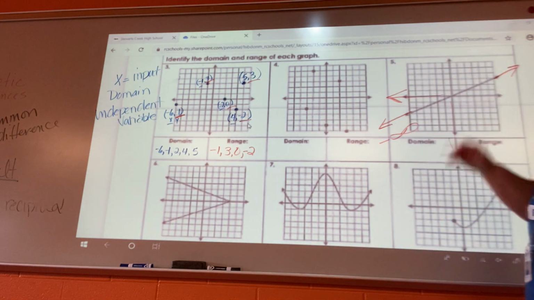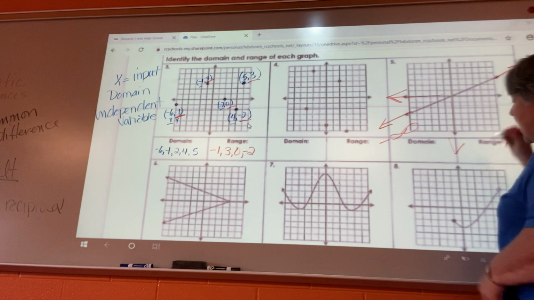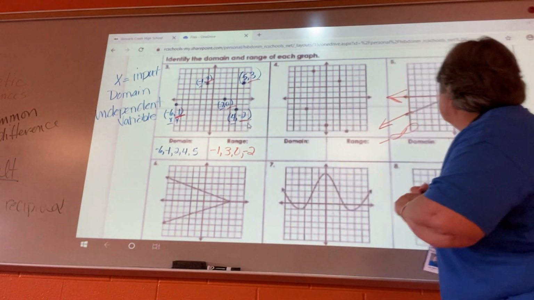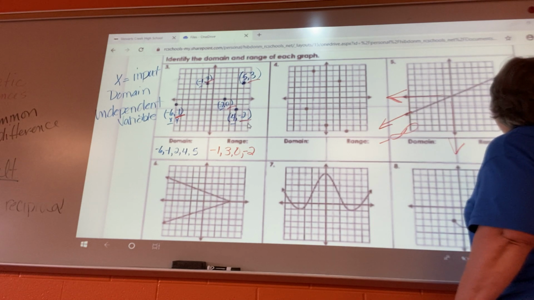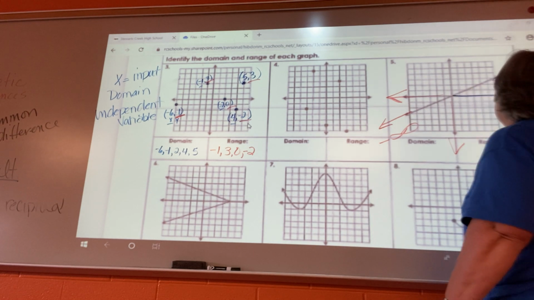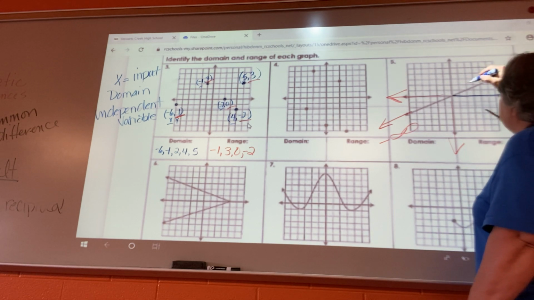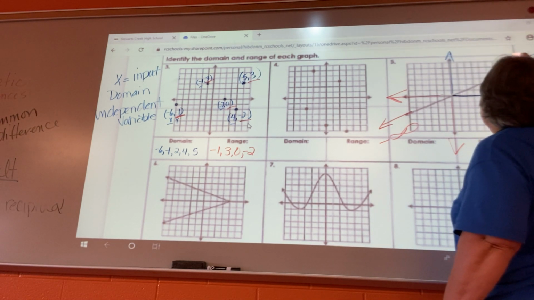It goes forever and ever to negative infinity. And up this way, it's going up. We've got the x-axis, which shows that it keeps going that way, and it keeps going this way.